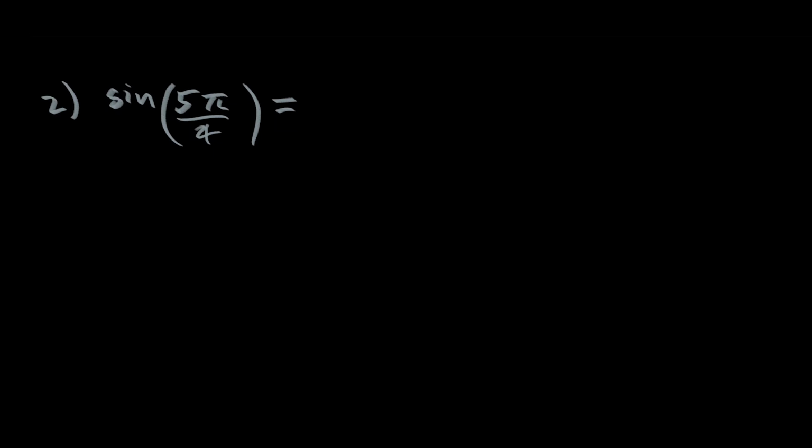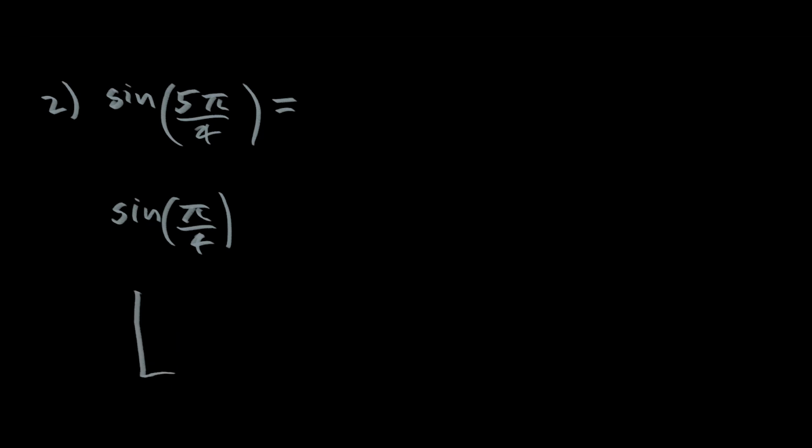Suppose we're asked to find the sine of 5π/4. Well, we concern ourselves initially with just the sine of the special angle π/4. We draw the relevant triangle. I'll use the inked shape function.